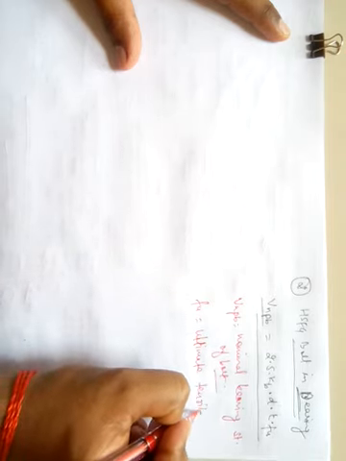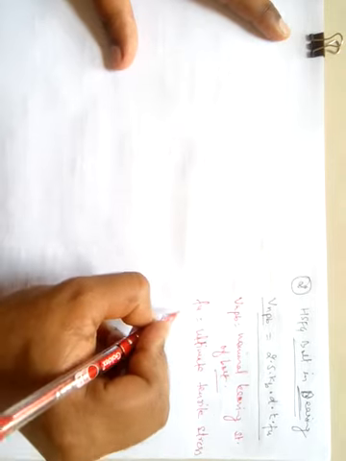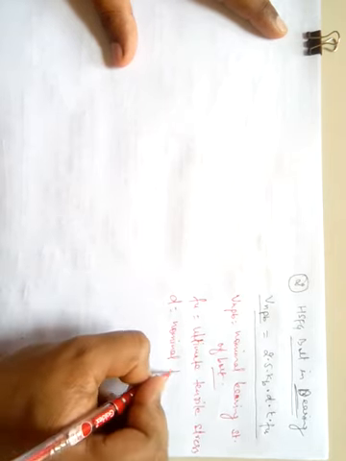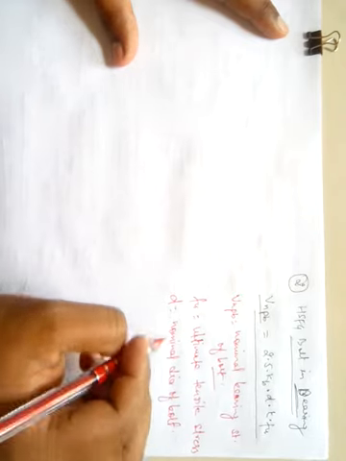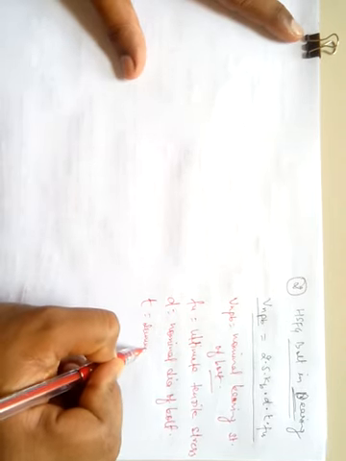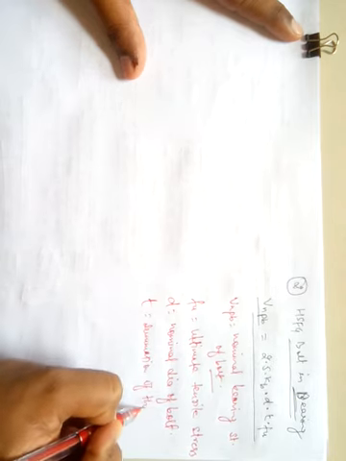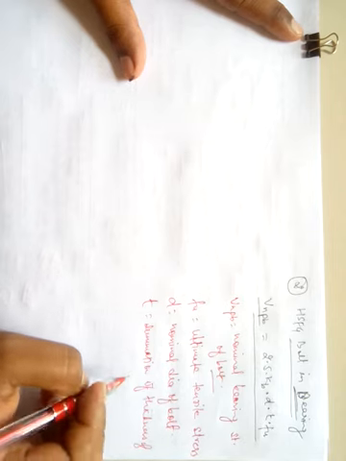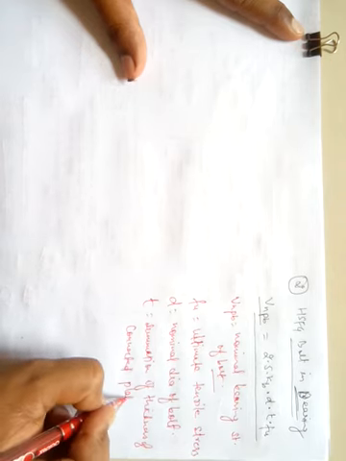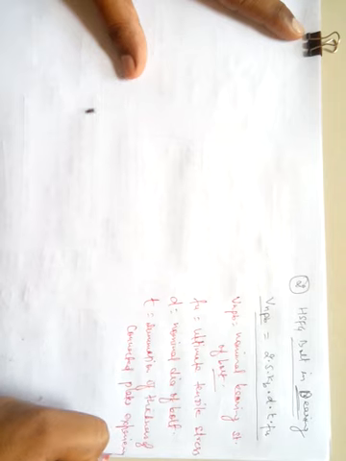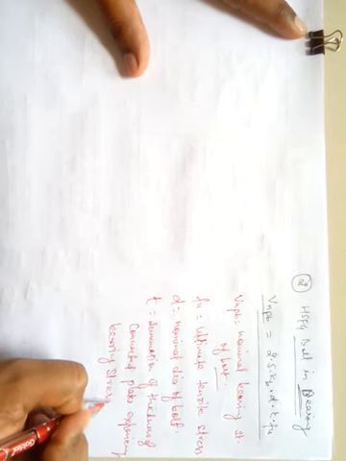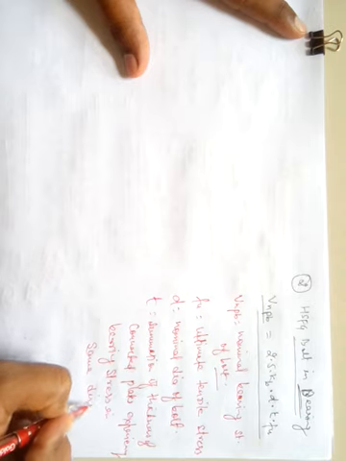fu is the ultimate tensile stress, d is the nominal diameter of the bolt, and t is the summation of the thickness of the connected plates experiencing bearing stress in the same direction.